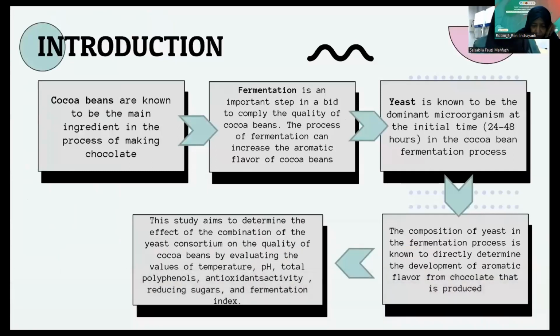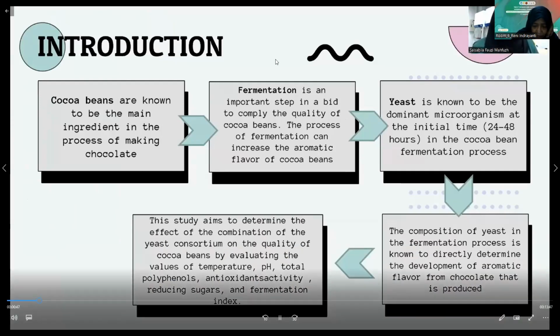Introduction. Cocoa beans are known to be the main ingredients in the process of making chocolate. There are several cocoa-producing countries in the world, and Indonesia is one of them.